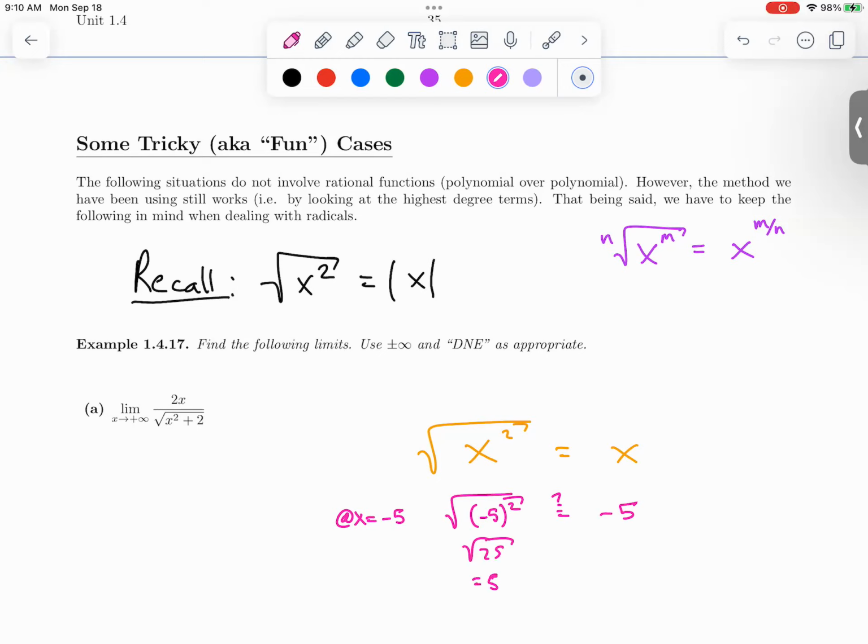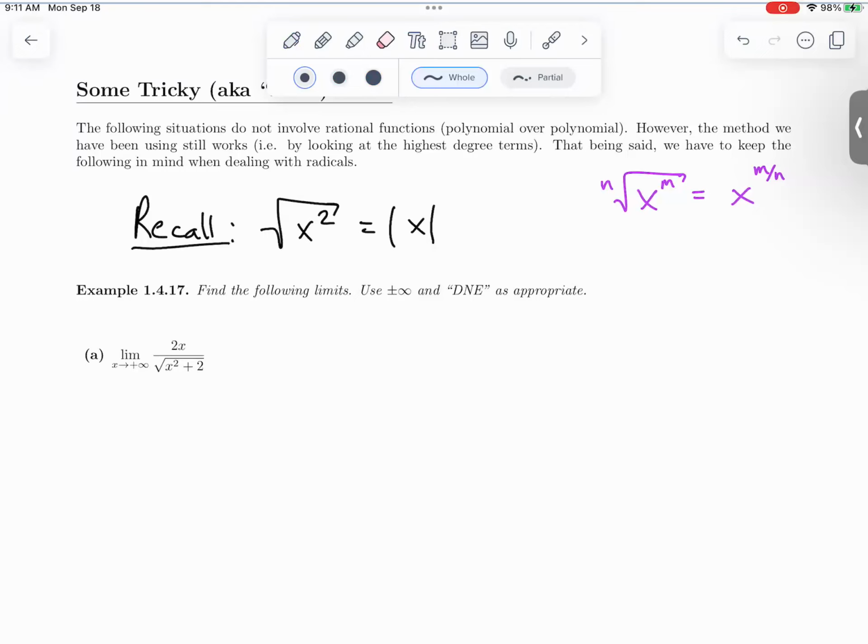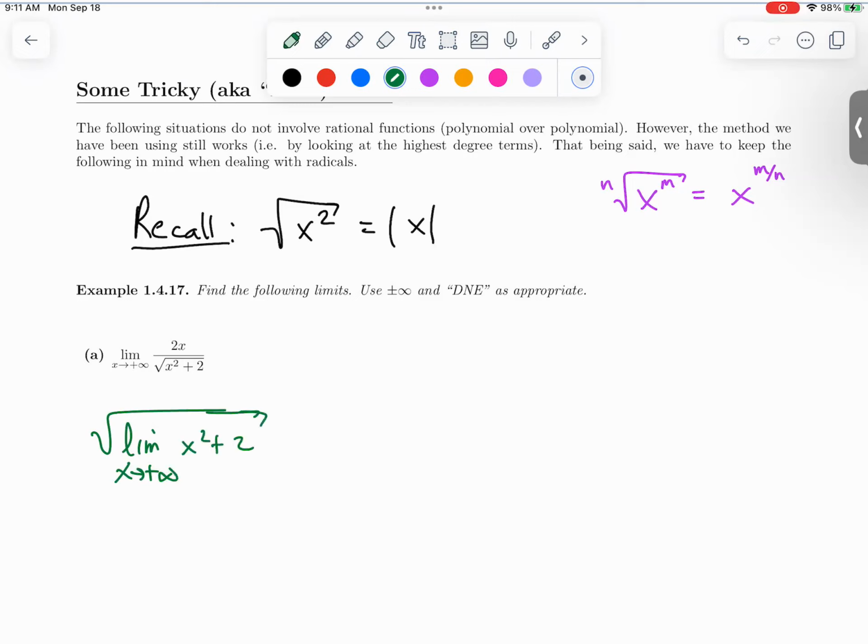You could technically bring the limit onto the inside of this. I'm being a little hand wavy there, because technically speaking, the limit does not exist because it goes to infinity, but either way, it mostly works in this context.